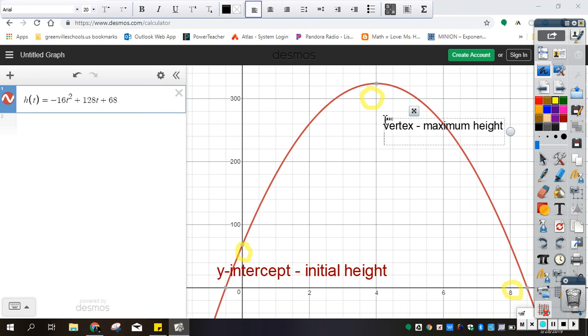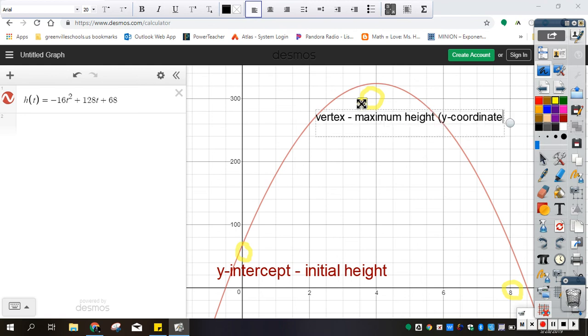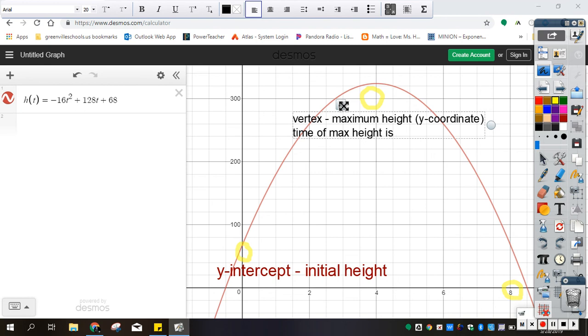You also need to realize that the maximum height is the y-coordinate of the vertex, because remember, for every point there is two values, an x and a y. So that makes the x-coordinate when the maximum height occurs. So time of max height is the x-coordinate.